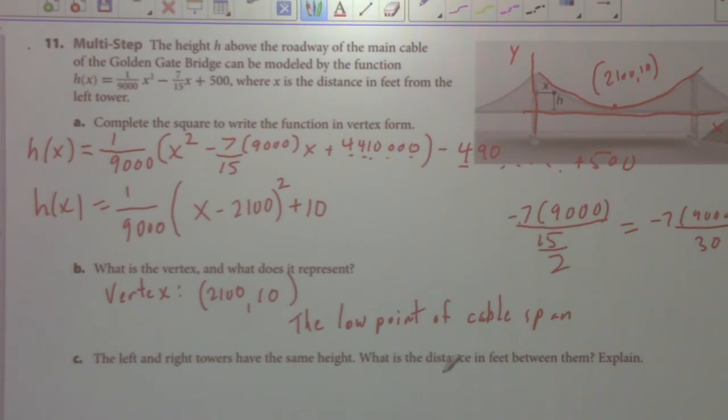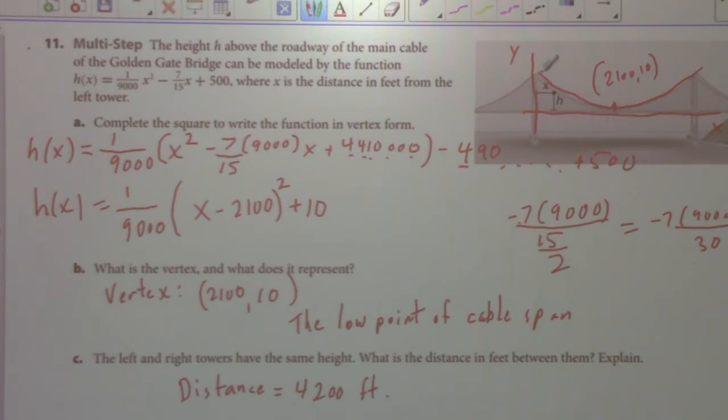The left and right towers have the same height. What is the distance in feet between them? 4200. Okay, distance equals 4,200 feet. And how did you determine that? Because 2100 was right in the middle, so I just multiplied by 2.